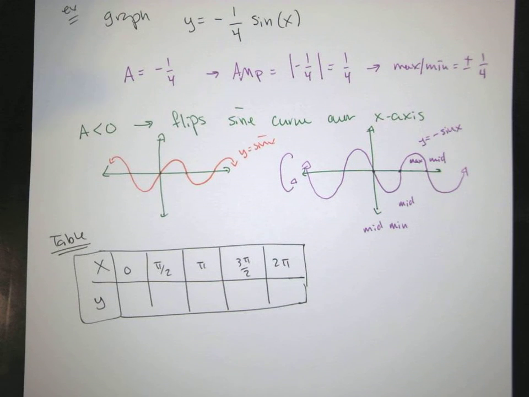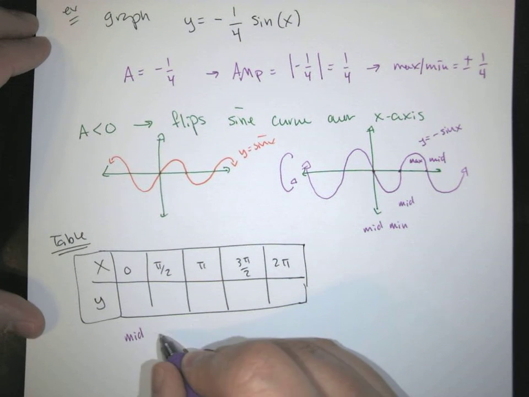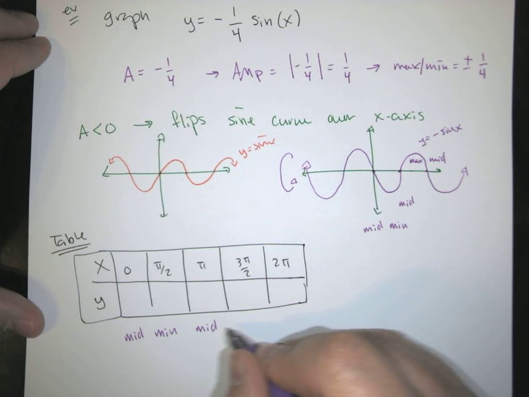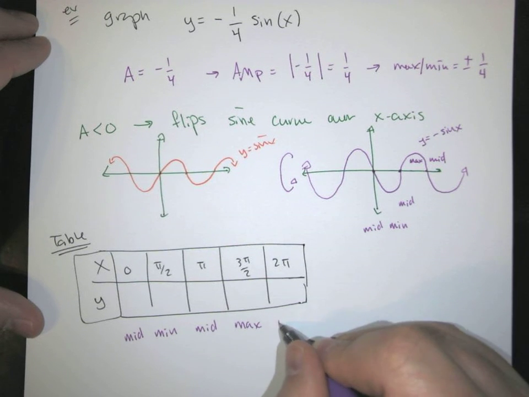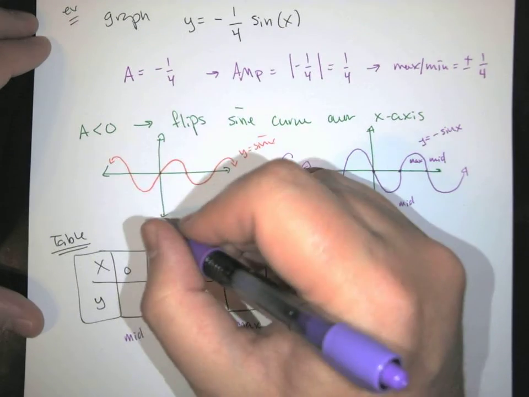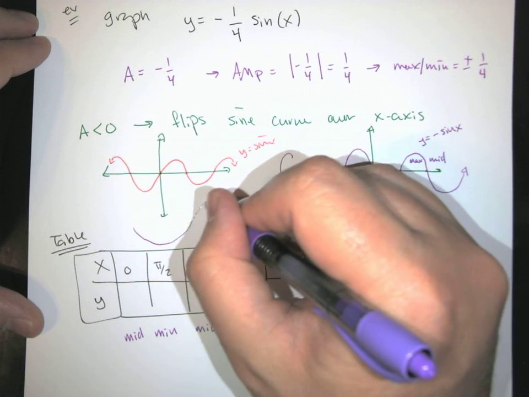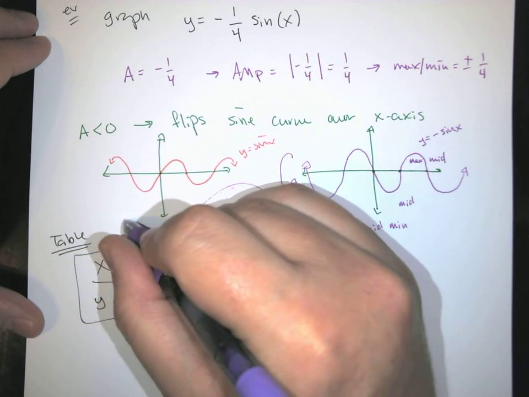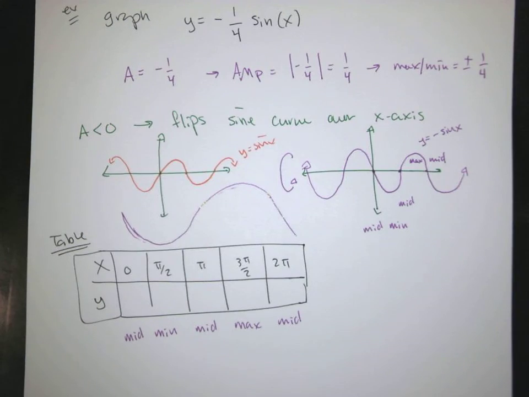Those angle values, the x input values, aren't changing. What is changing is that now I have a midpoint, and then I drop to the minimum, then I have a middle, then I rise to the max, then I'm back to the middle, right? So it's a drop, an up, and then a drop again. I flipped the curve upside down. That last line was sort of unnecessary.